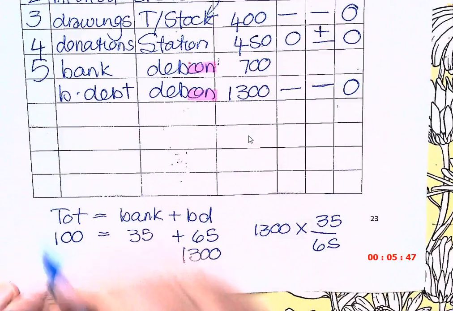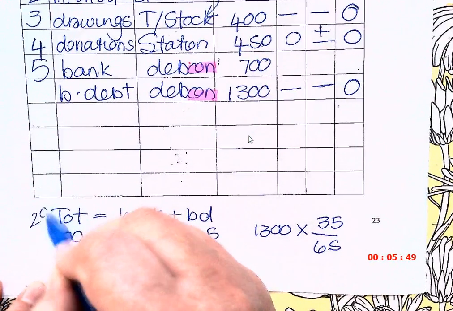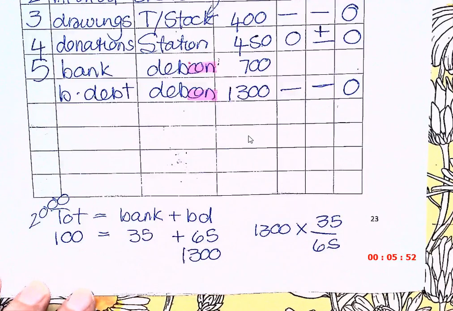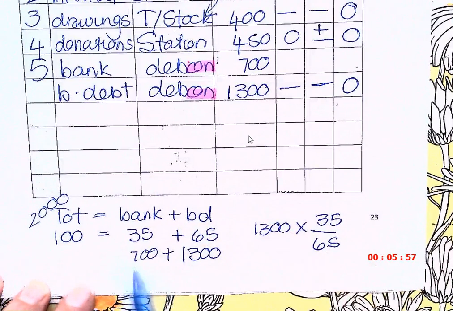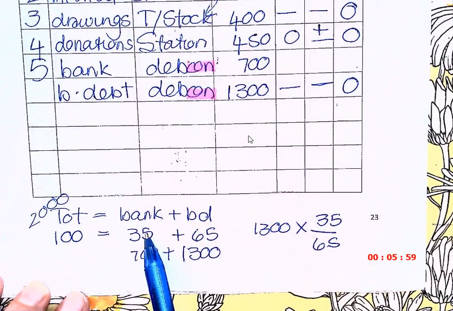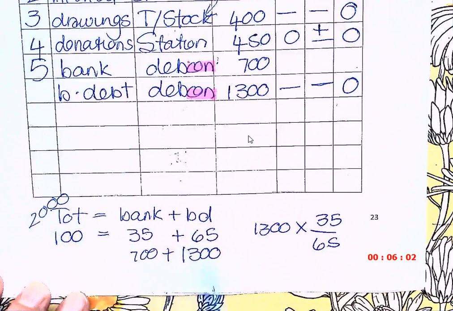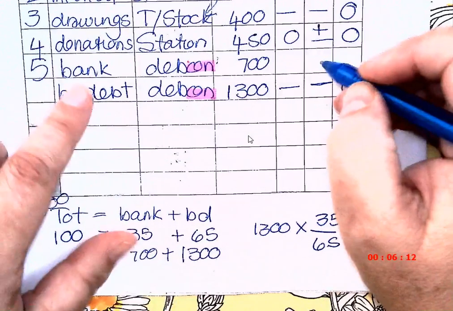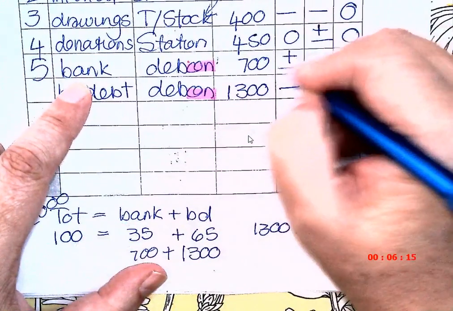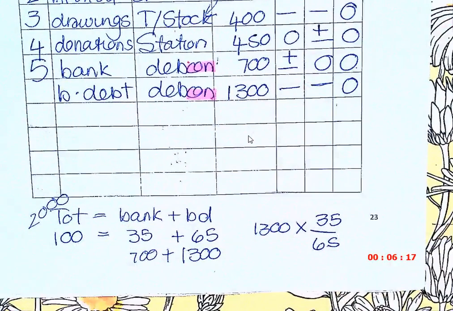So can you see in the end, you can now deduce that your total debt was 2,000. And this was 700. So if I say 2,000 times 35%, you're going to get 700. 2,000 times 65%, you're going to get 1,300. That's how you test that you did it right. Okay. Sharp. So now, bank and debtors are both assets. Any problem so far? I know I'm going fast, so you need to stop me.